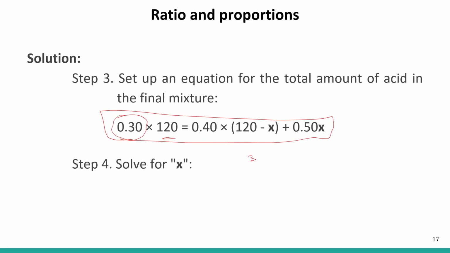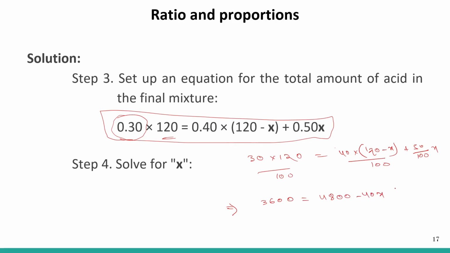So solving for x, 30/100 into 120 is equal to 40/100 into (120 minus x) plus 50/100 into x, right? So this implies 30 into 120, that is 3600, is equal to 40 into 120, that is 4800, minus 40x plus 50x.